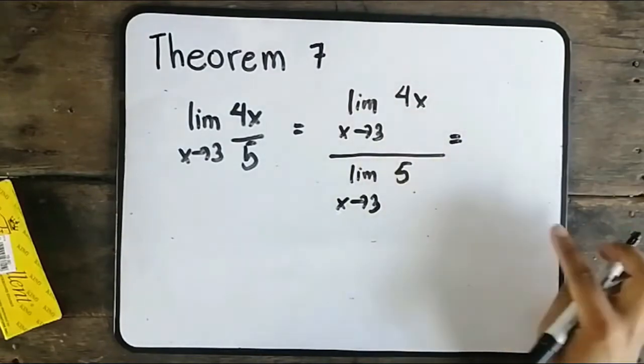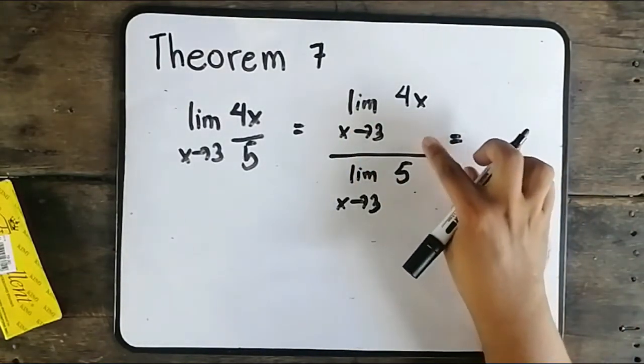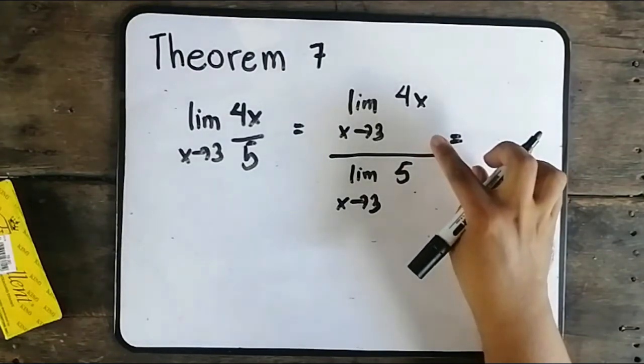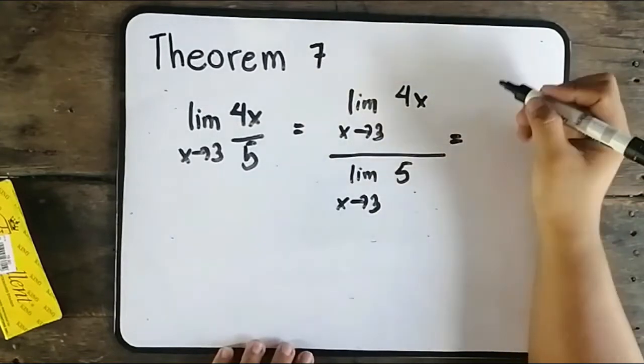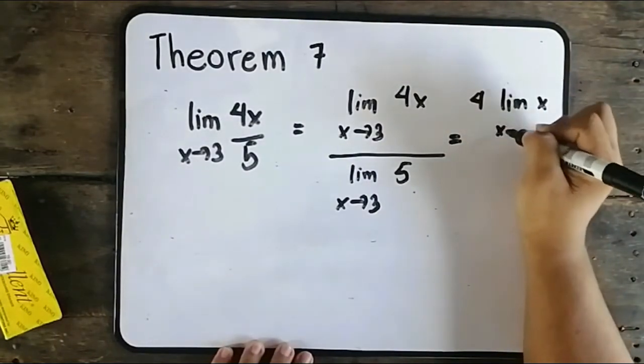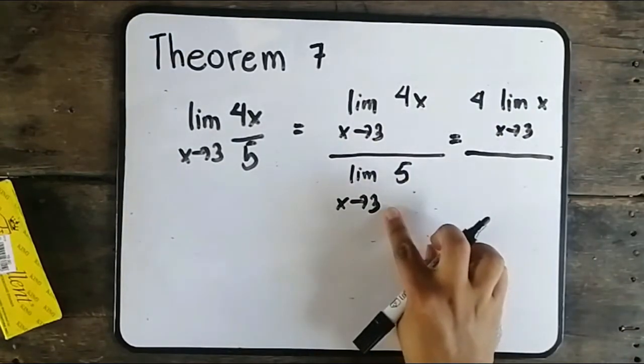This is now equal to, ano ito? Pwede natin gamitin yung theorem. Anong theorem? Theorem 4. Okay? So, ilalabas natin yung 4 times the limit of x as x approaches 3 all over, ano ba tong limit na to? By limit theorem number 2.